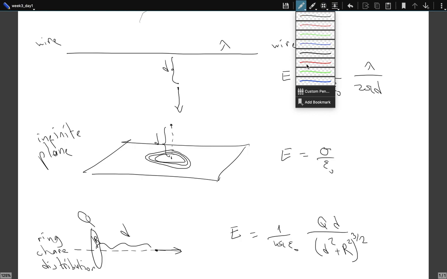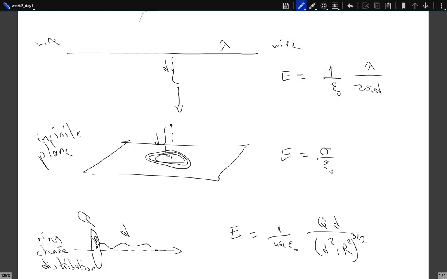I could have imagined that plane to be made up of infinitely many, these are straight, infinitely many such thin strips. They can all be treated as a wire, and if I just sum all the wires up, I should get exactly the same result. It's left as an exercise. Now, any questions up to here?